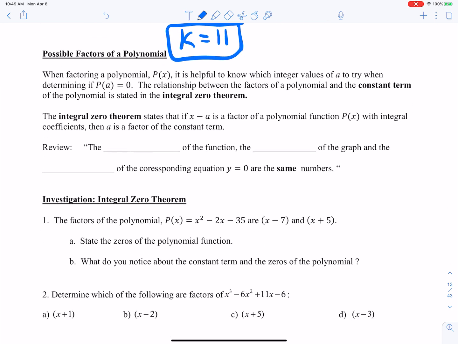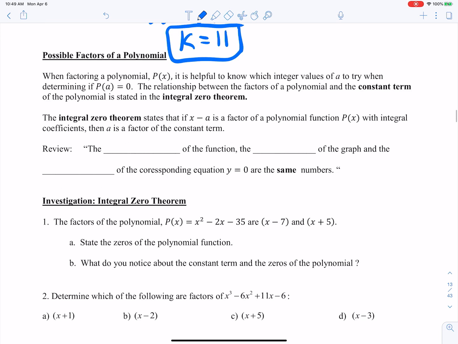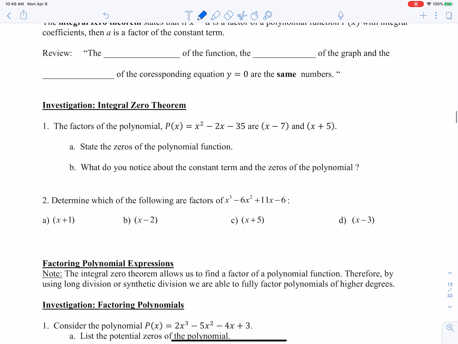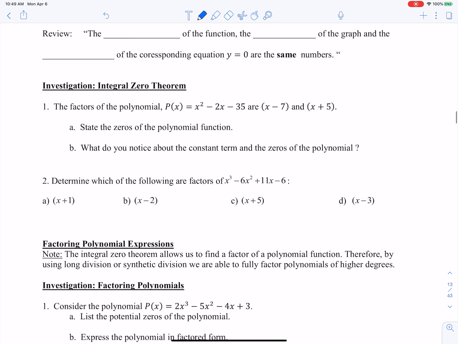All right. Instead of doing the whole factor investigations here, I just want to talk to you about the main idea of this. Basically, we have possible zeros of a polynomial function. Those possible zeros come from the factors of the constant term.